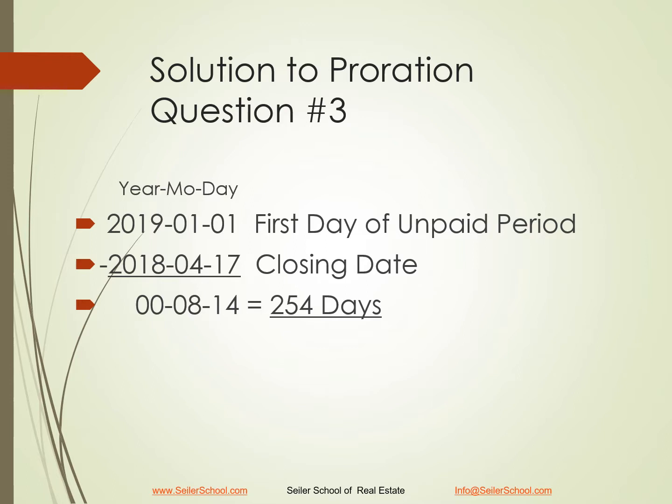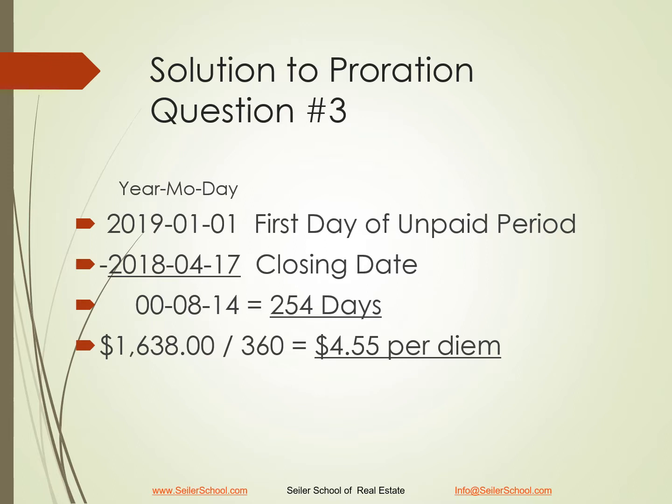We can't subtract 4 from 00, so we go over to the year 2019 and we borrow 12 months, so the 01 becomes a 12. 12 minus 4 equals 8, and because we borrowed from 2019, that made that a 2018. We end up with 0 years, 8 months, 14 days. 8 months times 30, 240, plus 14, 254. A little bit tricky on that deal.